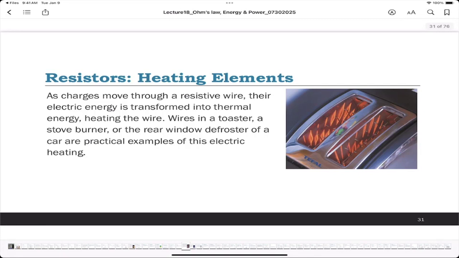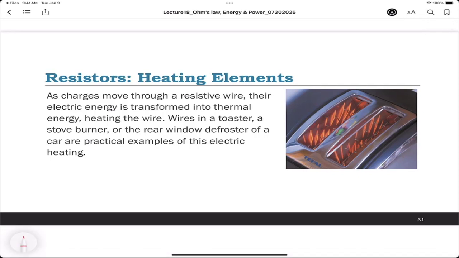So it will generate heating and have thermal energy. This is the conservation of energy. We will talk about it later.